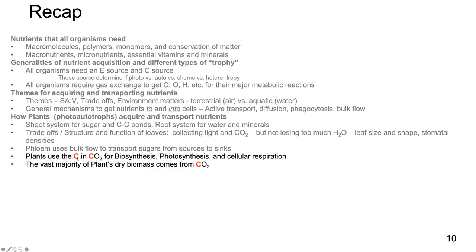Plants use carbon in CO2 for biosynthesis, photosynthesis, and cellular respiration, and that carbon cycles around through these different processes and through the air. And the vast majority of a plant's dry biomass comes from CO2. What we'll talk about next is continuing to talk about how plants acquire, transport, and use nutrients, and a little bit about the root system below ground for acquiring minerals.